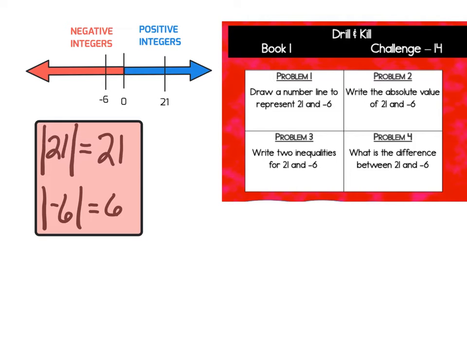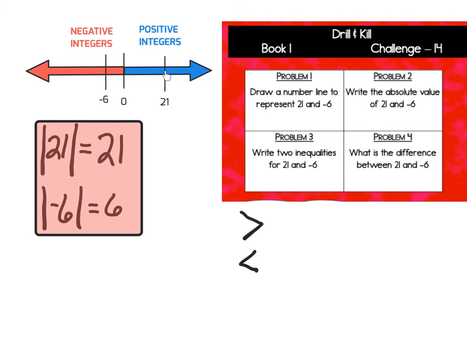All right, let's move on. Next thing we're going to do is write 2 inequalities. Now, in means not, so they're not equal, so you wouldn't use the equal sign. You will use either the greater than sign or the less than sign. If we look up here, we can see that anything in the positive is going to be greater than anything in the negative. 21 is to the right of -6, right?